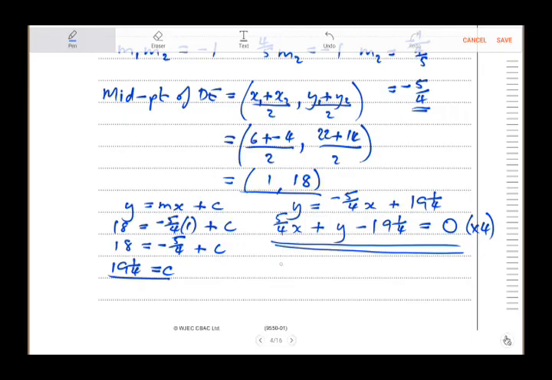Times this by 4, you get 5x. Times the y by 4, you get 4y. And times 19 1/4 by 4, well, 19 times 4 is 76, and 1/4 times 4 is 1, so it's -77, equals 0. And now I have finished. There's my ax, there's my by, there's my c. a, b and c are all integers, they're all whole numbers, positive or negative. Thank you very much.